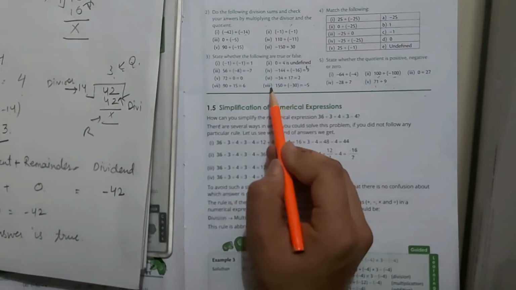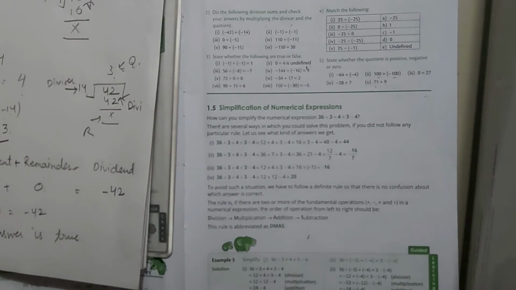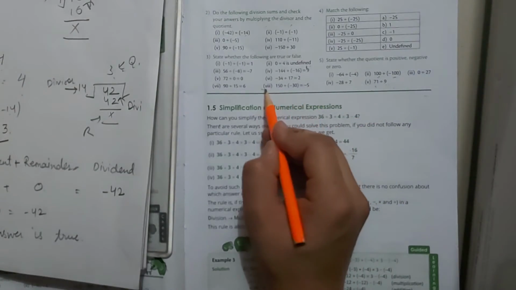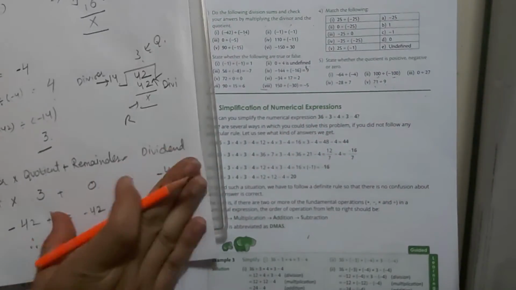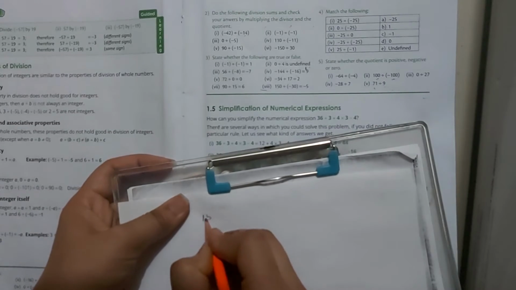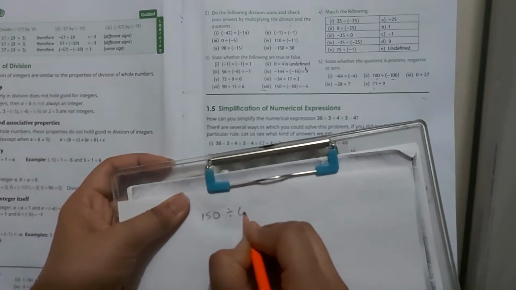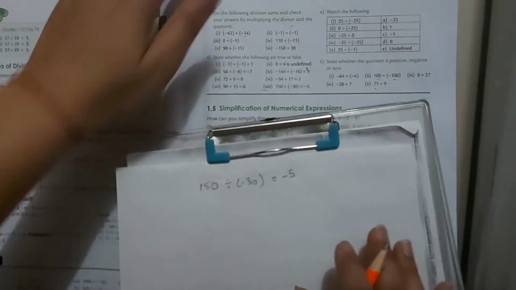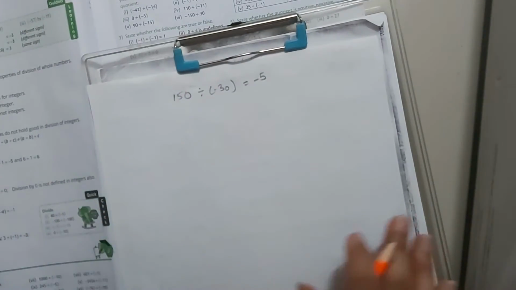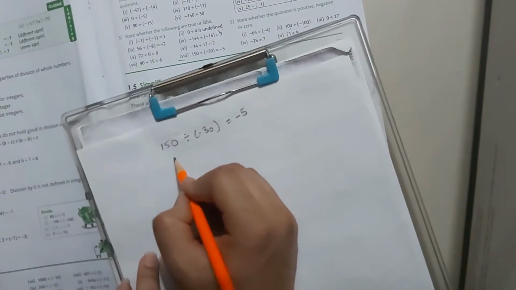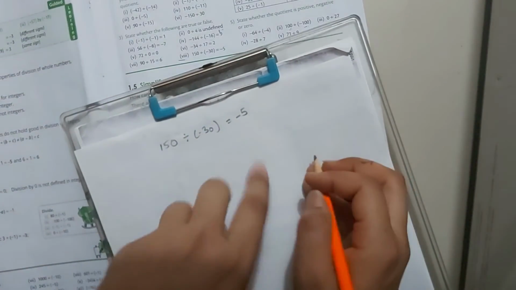So moving to our next question, let me do one question for you to state whether the statement is true or false. Let us do a question. 150 divided by minus 30 is equal to minus 5. Let us divide it first. We have to state whether the statement is true or false.